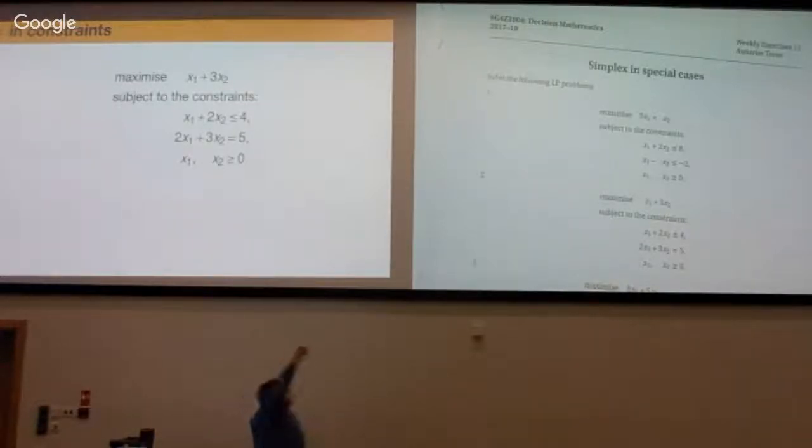Now, what we're doing is this. Look at this. When you put in all zeros for the x's, are the constraints all satisfied? Right, so this one's not.